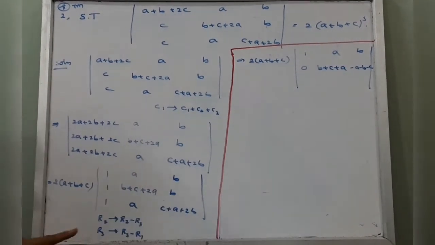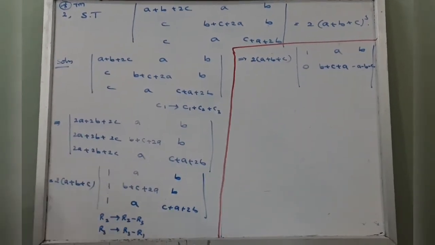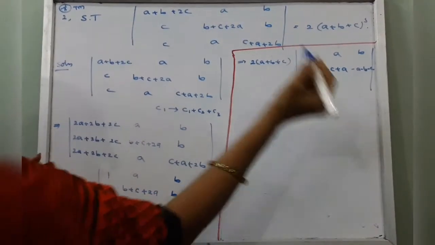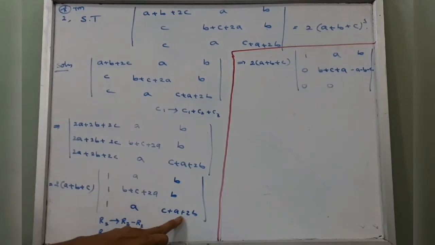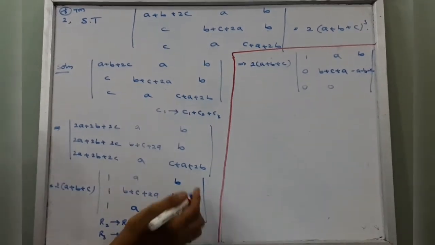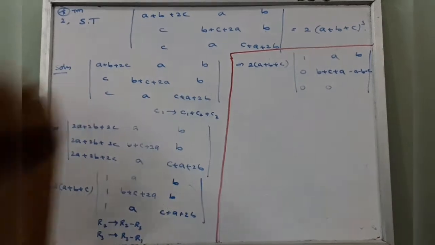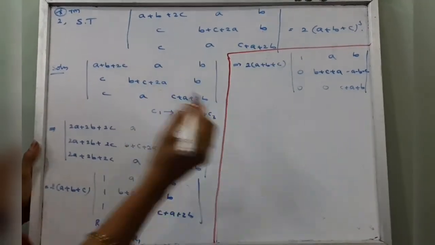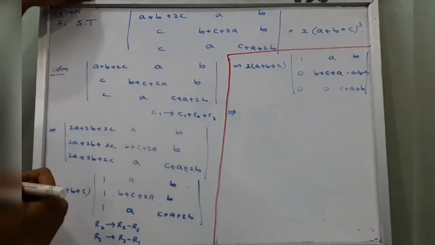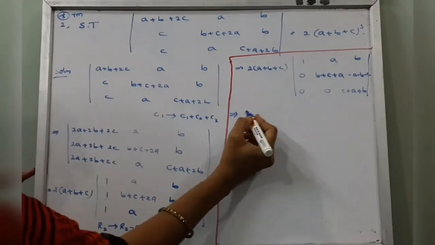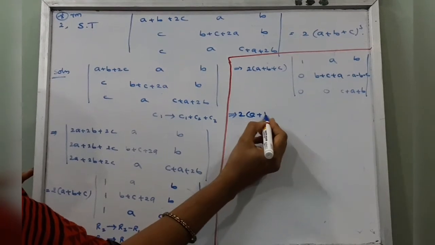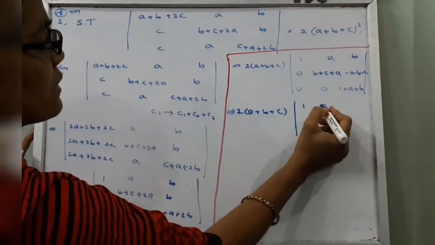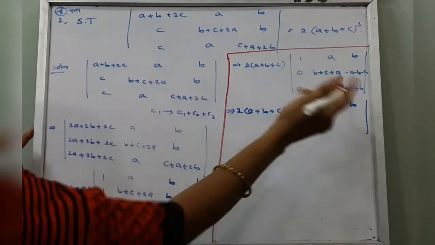Next third row, R3 interchanging R3 minus R1: 1 minus 1 is 0, a minus a is 0, c plus a plus 2b minus b. We get c plus a plus b, which implies 2 of (a plus b plus c) into 1, a, b.